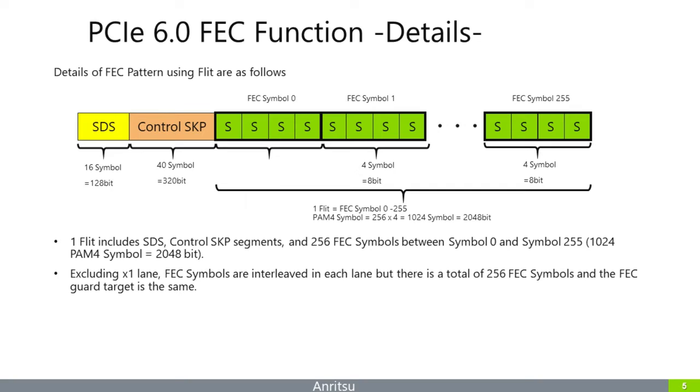When you use a single lane, that is the criteria of the FEC target. When you use multi-lanes, like by 2, by 4, by 8, by 16, that kind of burst error can be distributed. So the FEC can easily fix the problem when you use multi-lanes, but the target of the guard is the same.